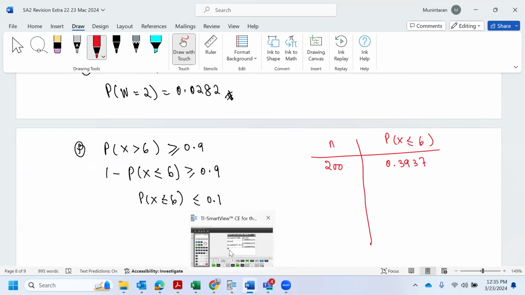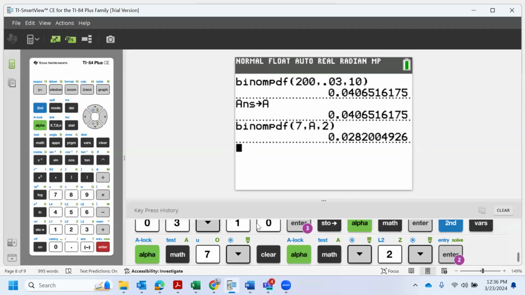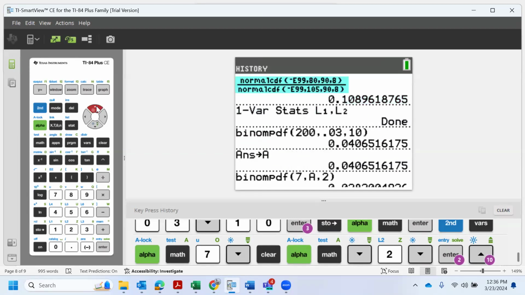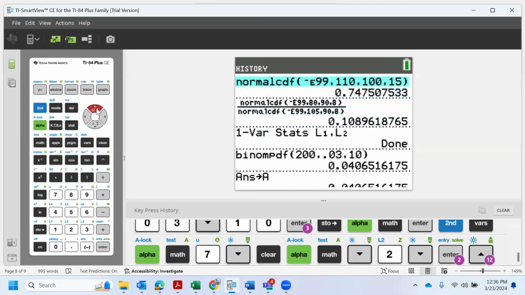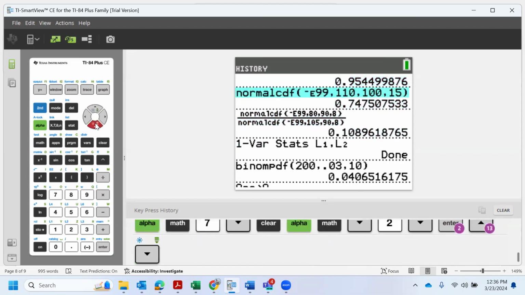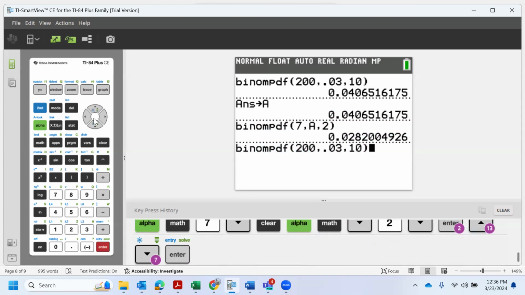So you play around. I'm going to use this recycle: 200, using the 6.